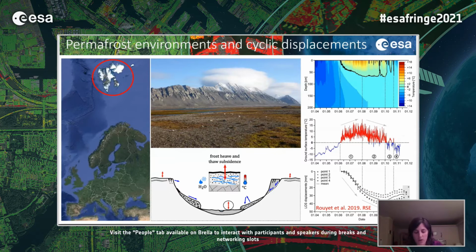And what we could see is that the timing of the transition between the subsidence during the summer season and the heave when the ground is freezing back matches really well the timing of the freeze-back recorded in the borehole.